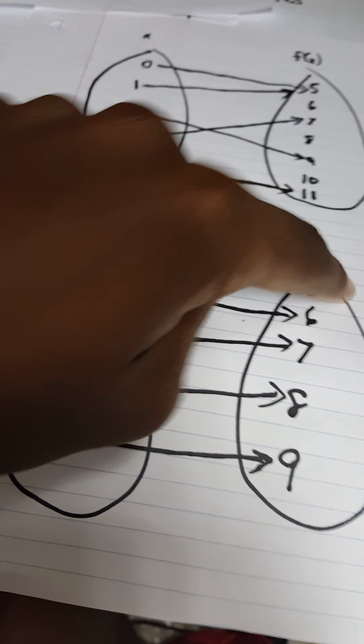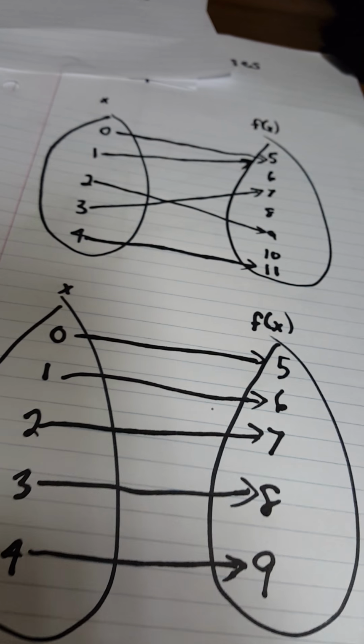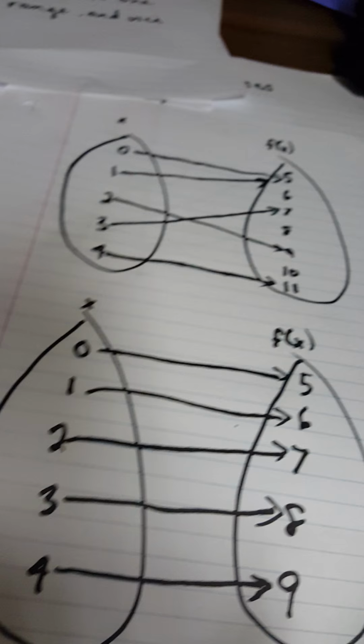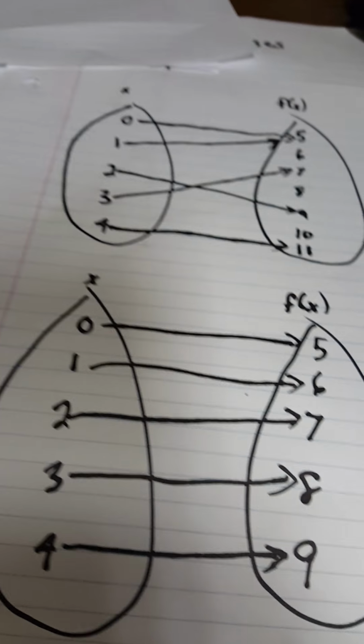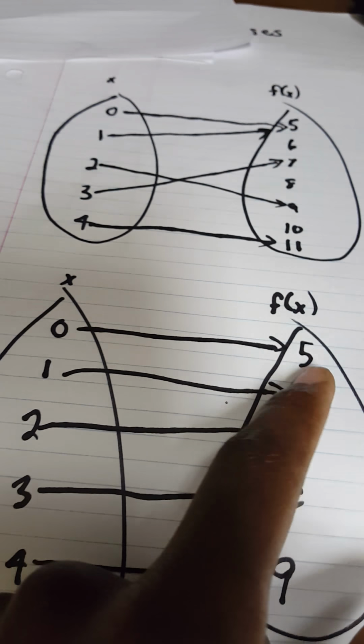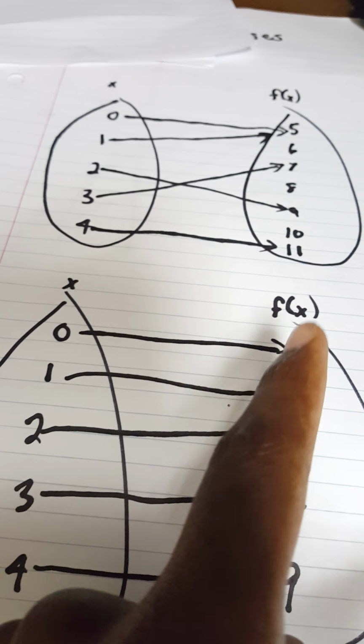This is also a function. Every x has one output, and it is onto because every value of the codomain is used in your range. It is one-to-one because the y's are only used once, basically. That's the way to look at that.